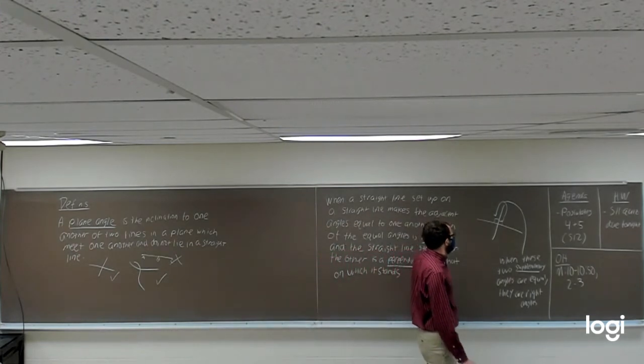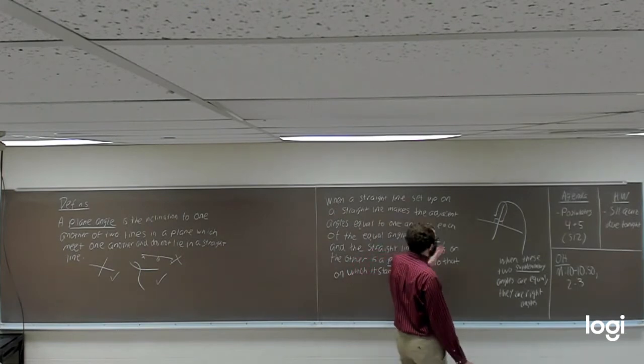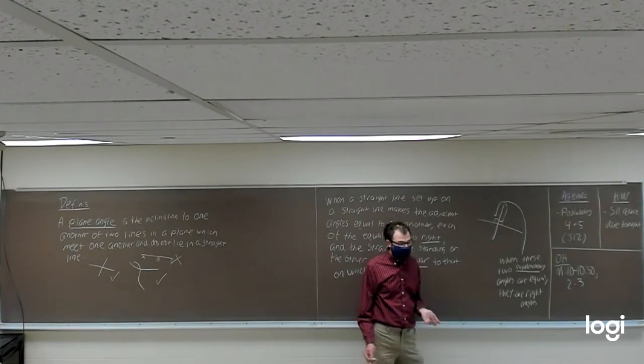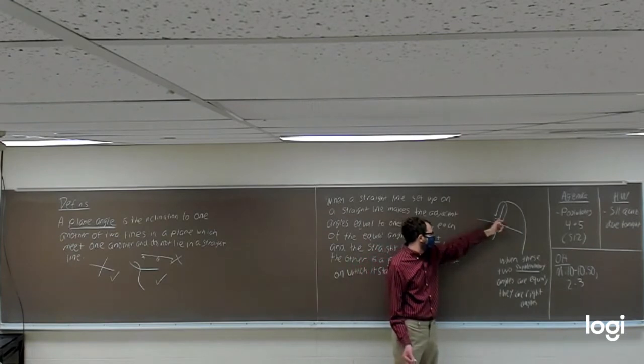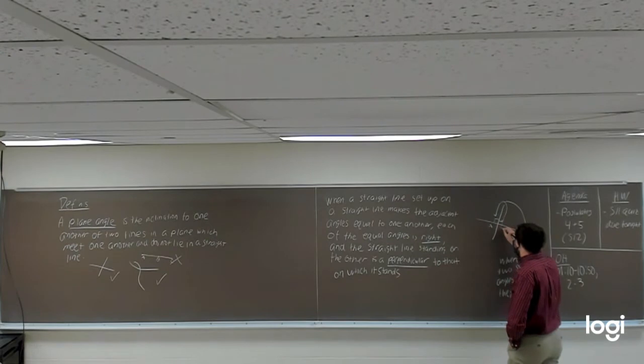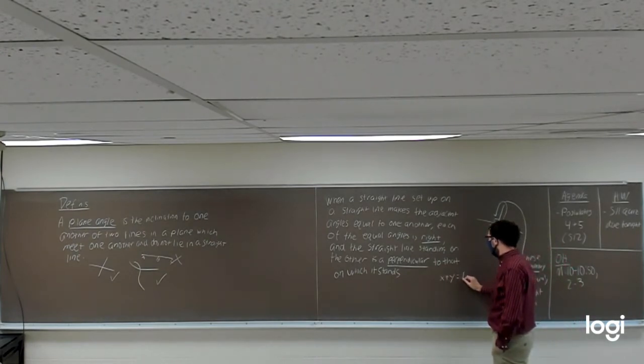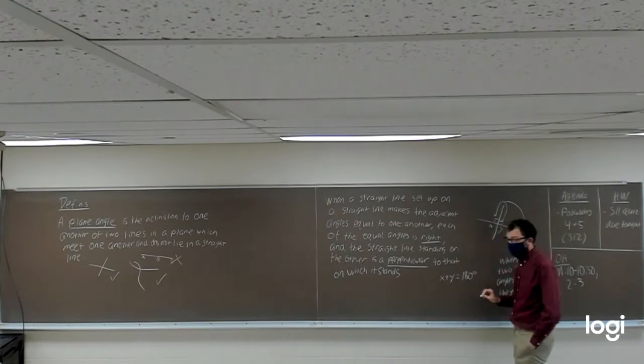And if you think about it, using our modern day degree system, if you had two adjacent angles on a line, if we call this one, say, x and this one y, we would know that they would have to add up to 180 degrees.